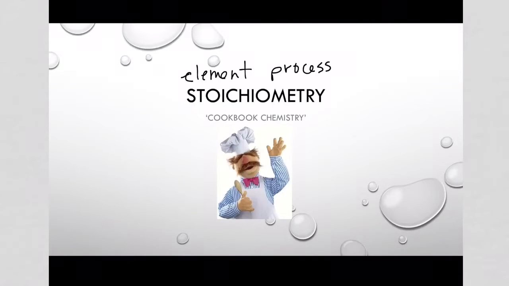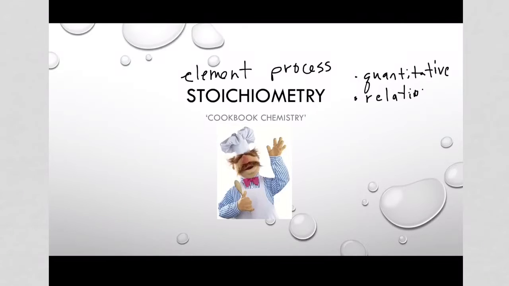But in this case, it's actually dealing with the quantitative relationship between substances in a reaction. So let me break that down. Quantitative, which of course means amount. So we're dealing with the amount. Then I also said relationship.